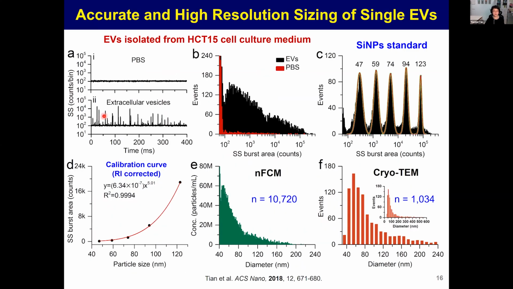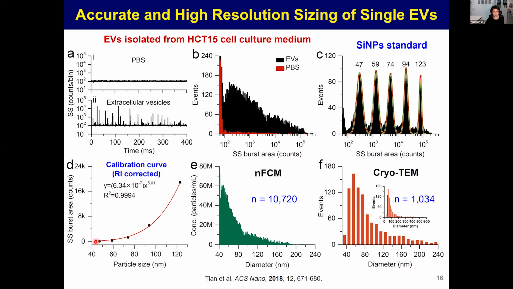Here we can see this is an EV sample. We can get the side scattering burst area distribution. This is only the intensity. And then we use the mixture of the silicon nanoparticles to construct this calibration curve that converts the scattered light intensity to the particle size. This is also refractive index converted.